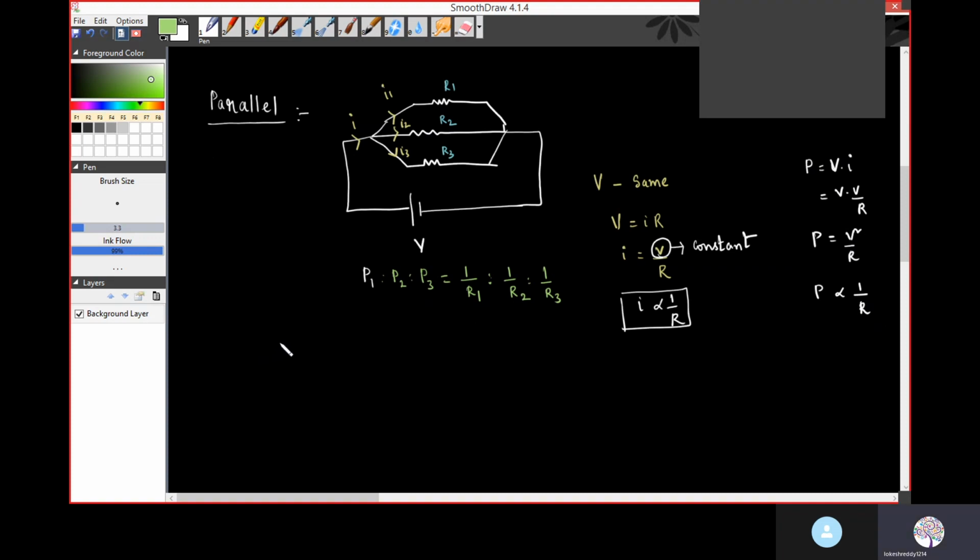Now here I will write the current I is equal to I1 plus I2 plus I3.